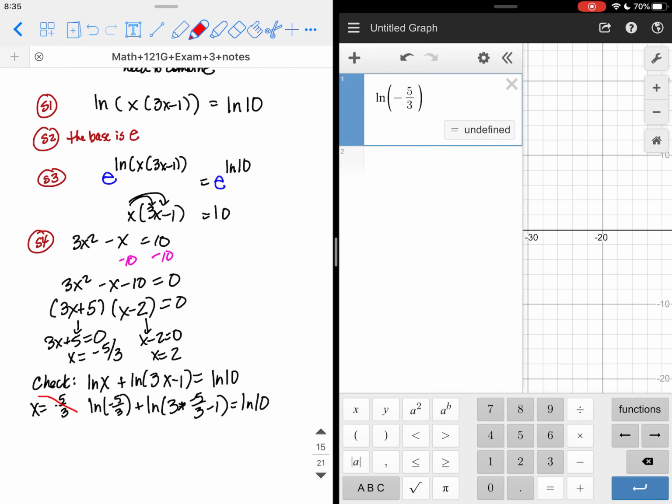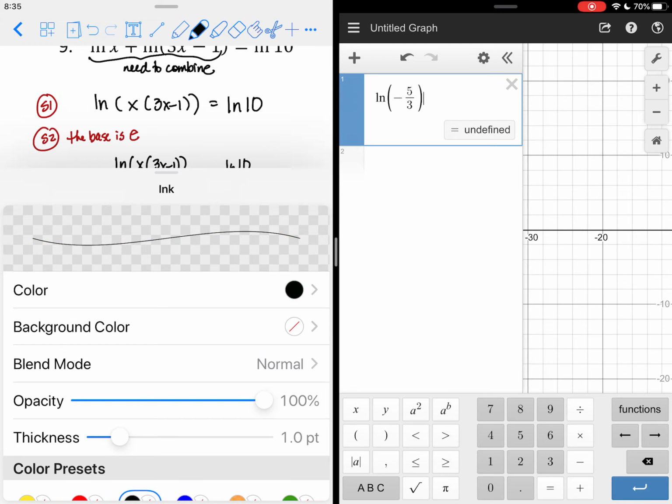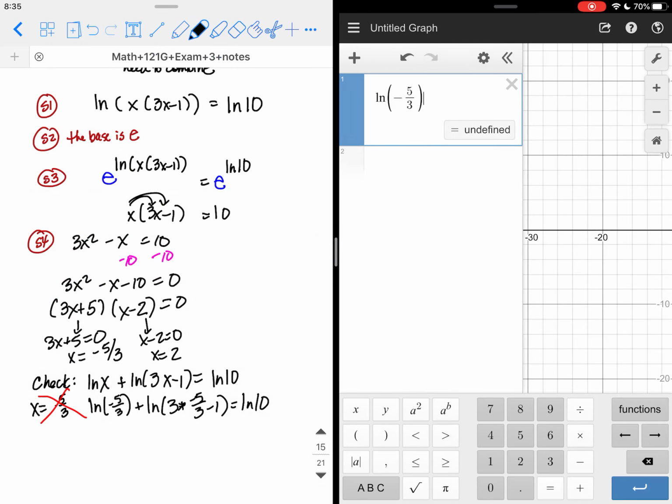So this one right here does not work. Now let's check the next one. So the next one that I need to check is going to be 2. So x is equal to 2. So it's going to be the ln of 2 plus the ln of 2 times 3 times 2.